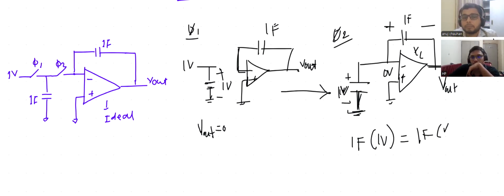In this case my Vout is minus 1 volt. Whatever charge is coming is directly dumped in this fashion. This is the plus terminal, this is the minus terminal. So what will happen in coming cycles?